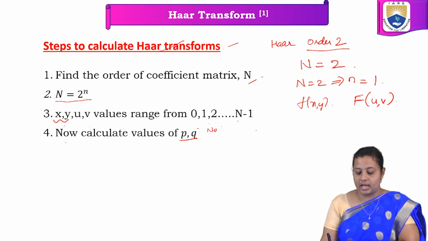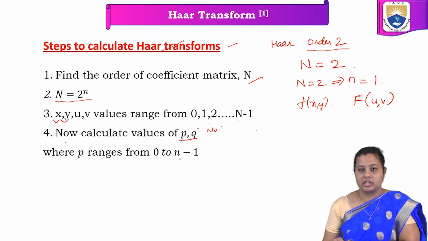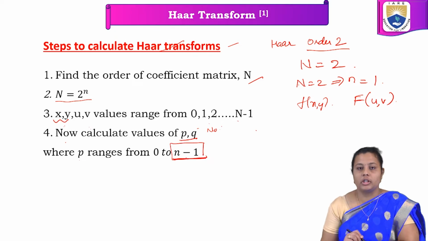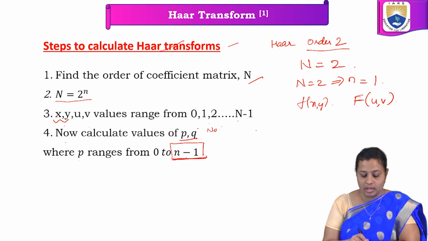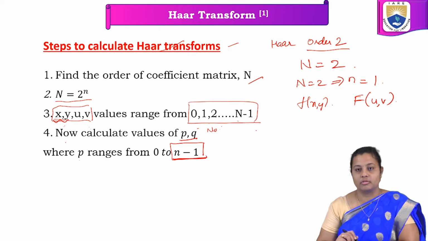If we have capital N and small n, P ranges from 0 to small n minus 1. This is very important: it is not capital N minus 1. Here x, y, u, v values range from 0 to capital N minus 1, whereas P ranges from 0 to small n minus 1.